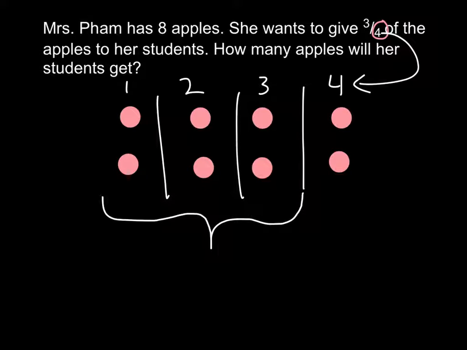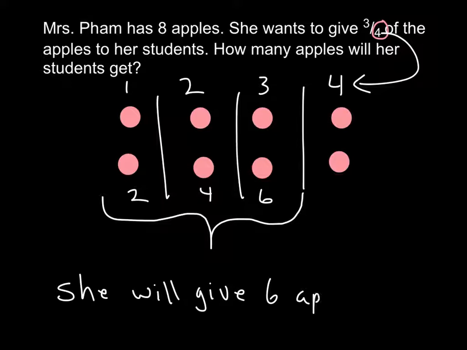She's only keeping 1 group for herself. And if I count the number of apples in each group, that would be 2, 4, 6. So the answer is she will give 6 apples to her students.